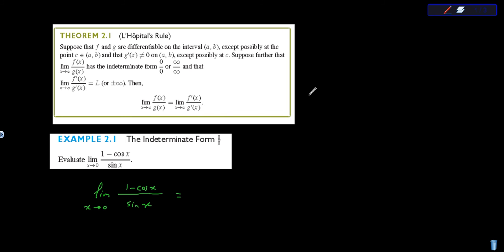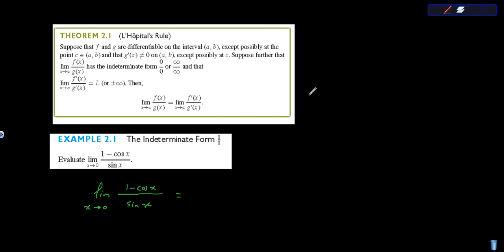Then we can say the limit of f of x over g of x as x approaches c equals the limit of f prime of x over g prime of x as x approaches c.